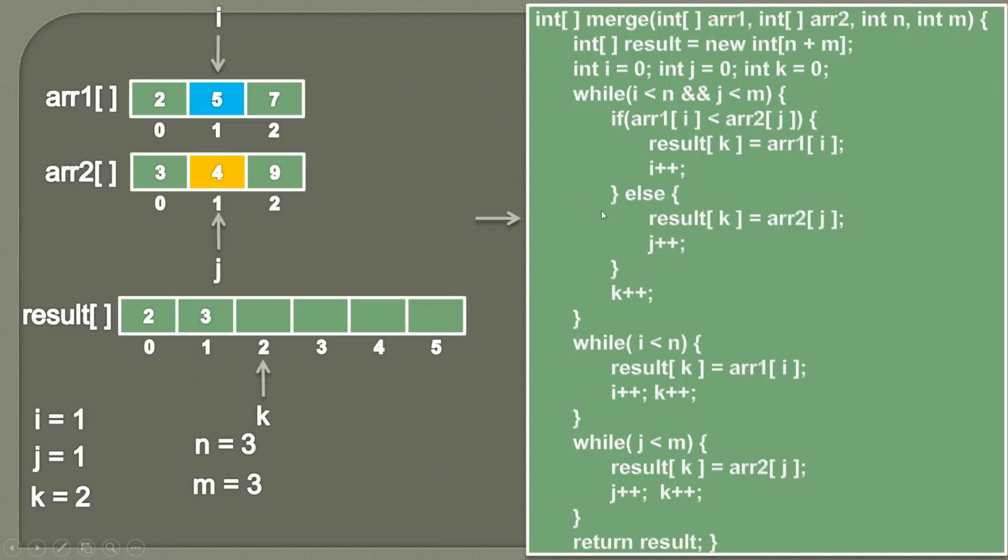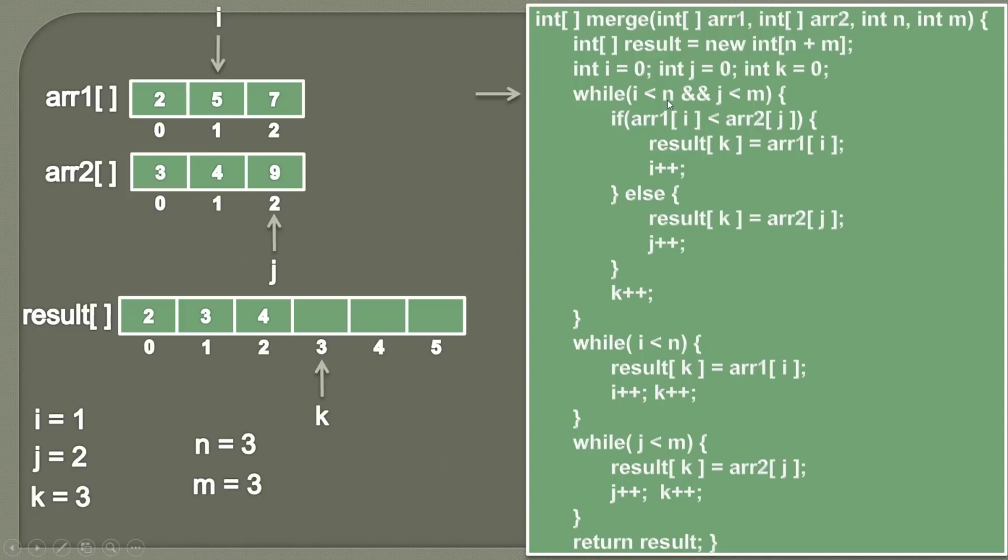And in the else part, as we have found the minimum value as 4, we simply put 4 into the result array by this assignment. And as we have used this value, we'll increment j by 1. And we have filled this position, so we'll increment k by 1. k becomes 3.